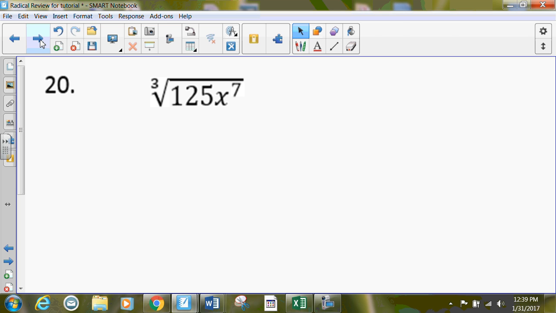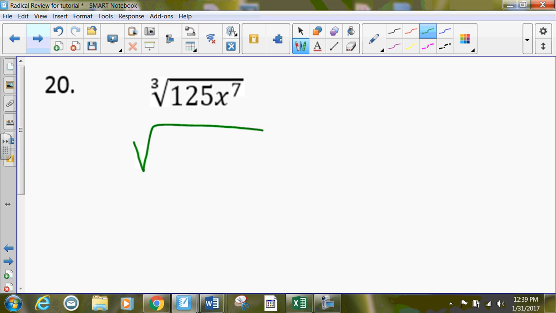Okay, this next one, we've got the 3rd root. We know that we can rewrite 125 as 5 cubed, so that's going to get moved out. We know what to do with this x to the 7th. We're going to take 3 and divide it into 7. 3 goes into 7 2 times.